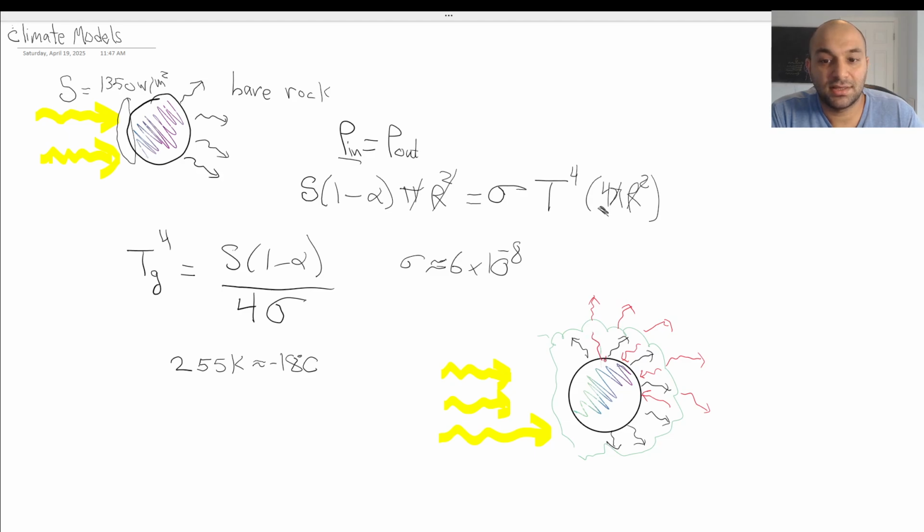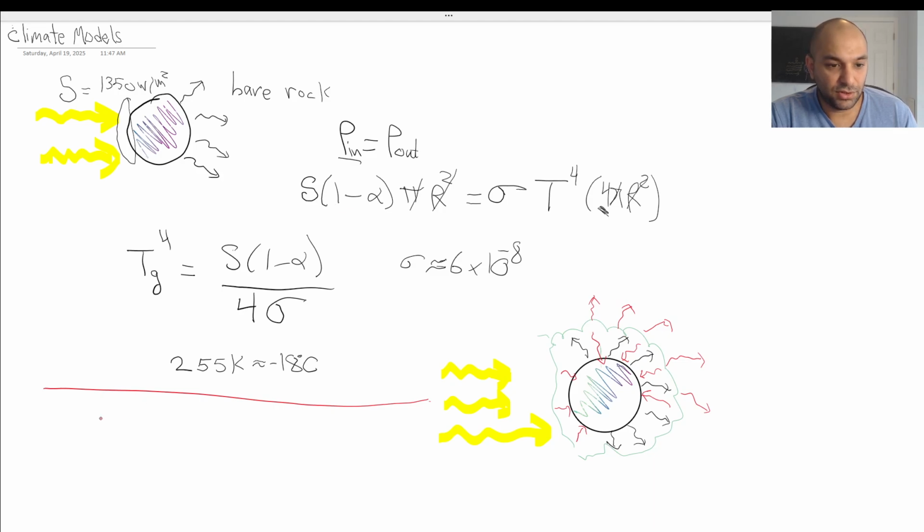And that's what causes the extra warming: instead of just this black radiation going into space, some of it actually gets absorbed in the atmosphere and re-emitted back. So it causes some extra warming. If we wanted to calculate how much that would be, we're going to modify this equation.